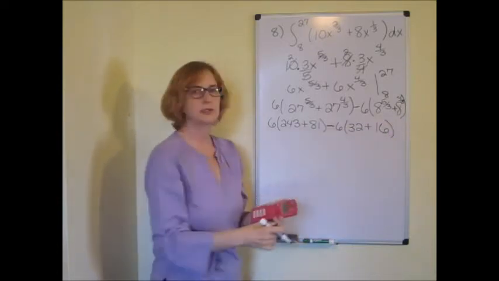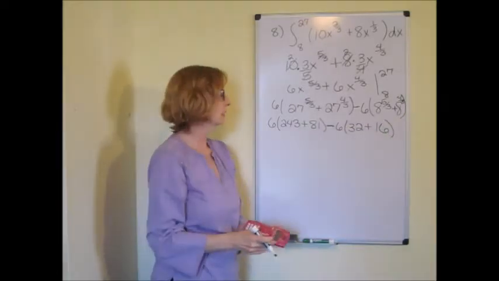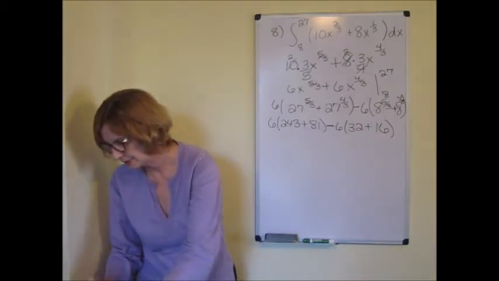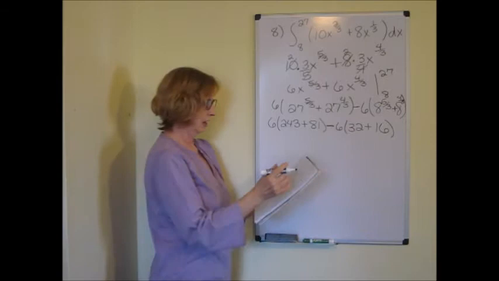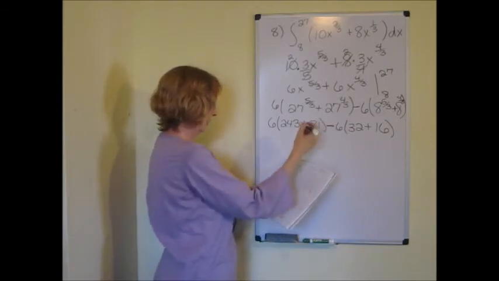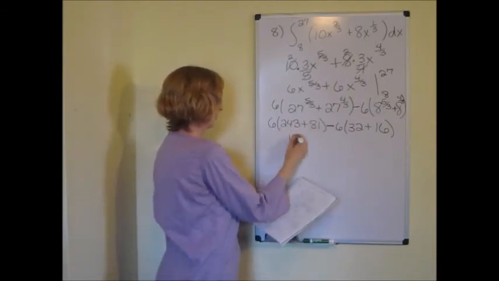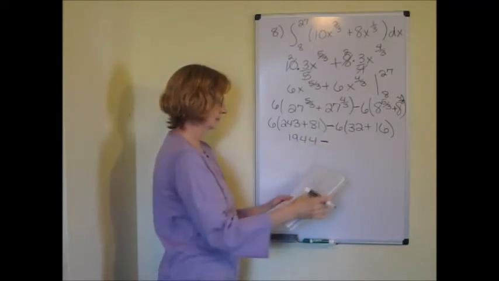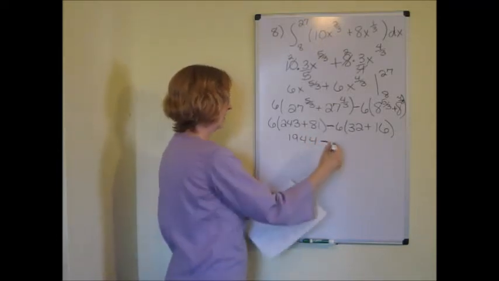And then it's really just a matter of plugging everything into your calculator and seeing if we get this. And when I plug it in, I have 1944 for this first part, minus 288.